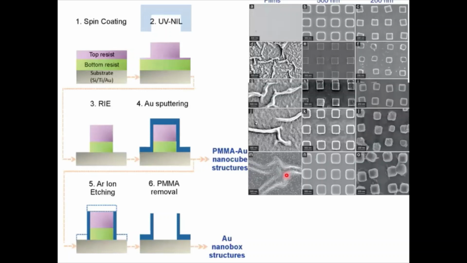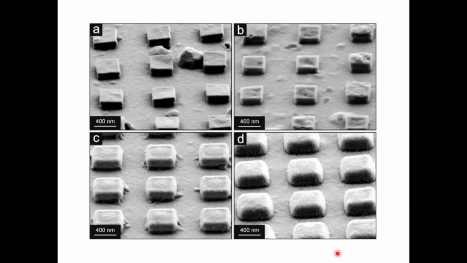So the process is spin coat, UV curing, then reactive ion etching, then gold sputtering, and removal of the template, and you get gold cubes. The gold deposition is done using the electrochemical process on conducting substrates.